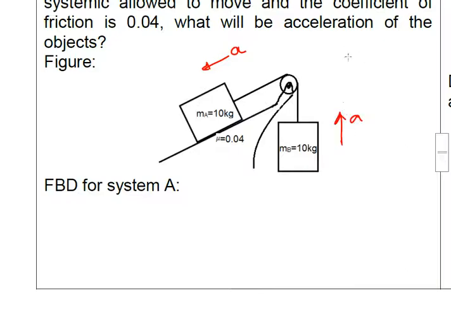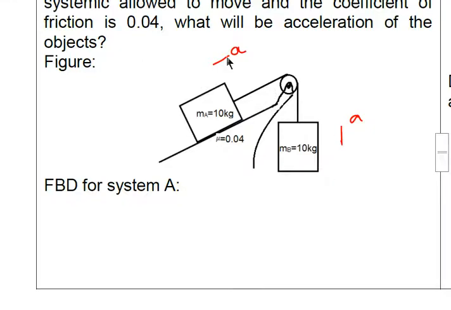The same as what we had earlier, everything that goes with the direction of the acceleration should be taken to be positive, and against the direction of the acceleration should be negative. In this case, I'm going to assume that the direction of the acceleration is going upwards on the incline and downwards for the hanging object.